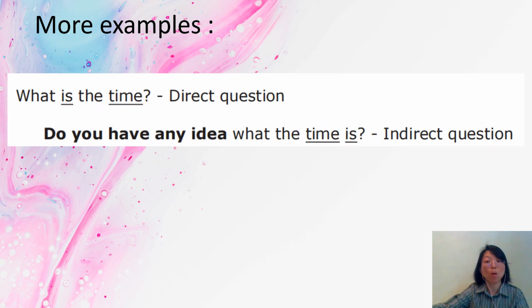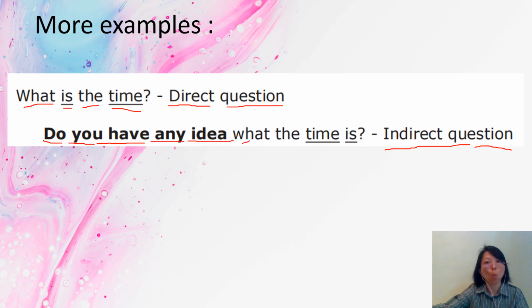Now let's look at more examples here. This is direct question. They begin with what? What is the time? So when you change it into indirect question, you will use do you have any idea?